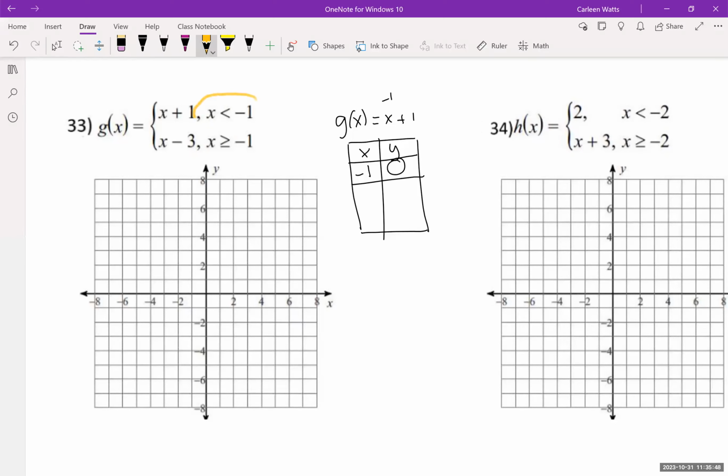Okay, now we need to look right here. So I need another x value less than -1 for the first equation. So I'm going to pick -2, to the left of -1. So that is going to be -2 plus 1 is -1. So I have -1, 0, open circle, -2, -1, and we can see that it is a line.